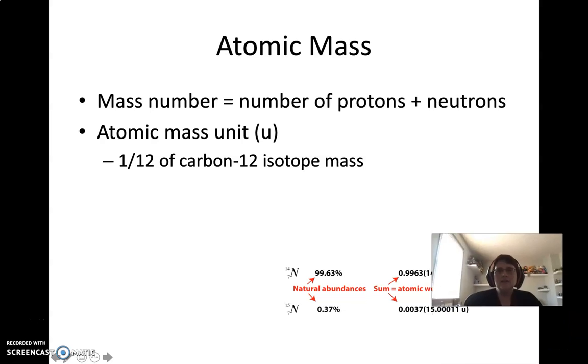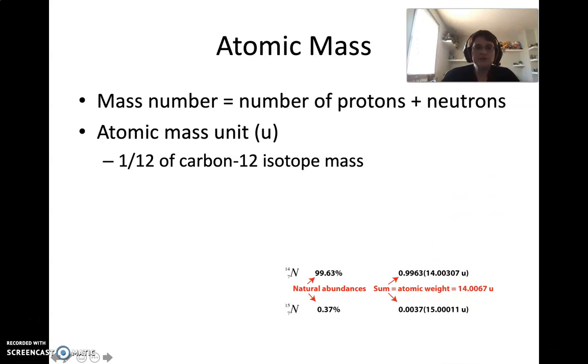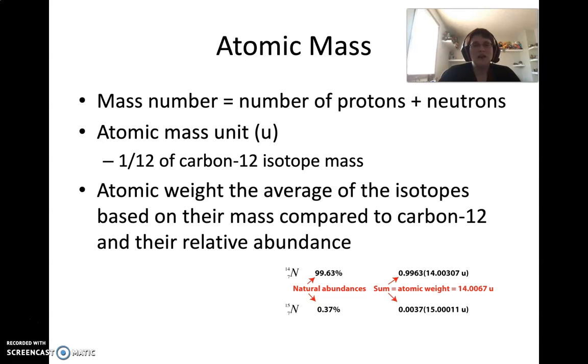Well, it has to do with the isotopes. Almost every element on the planet has more than one option for their number of neutrons. And so the atomic weight is actually the average of the isotopes based on their mass compared to that carbon-12, so the atomic mass unit, and their relative abundance.